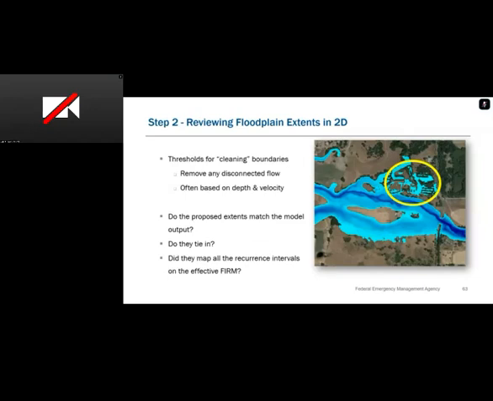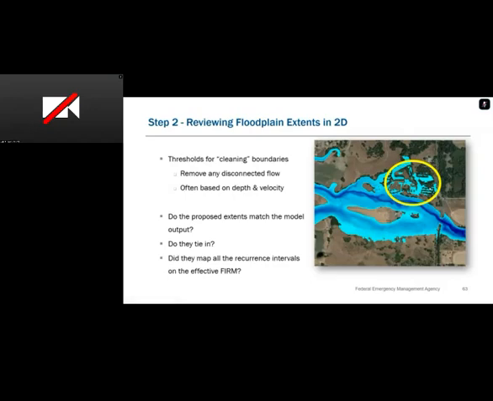So with 2D mapping, a lot more so than 1D, we see that the requester will submit a raw model output that hasn't necessarily been quote unquote cleaned or finalized. You can see in the example here that because a 2D model is a much larger mesh domain, we may see flows that are outside of our main stem sitting in a low terrain but completely disconnected from our main stem.